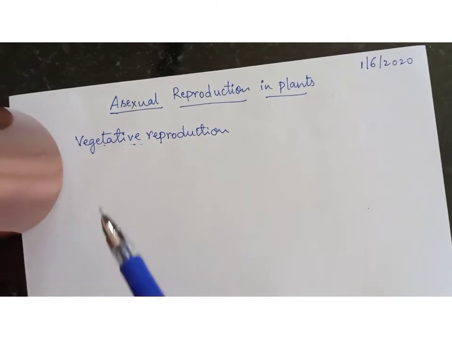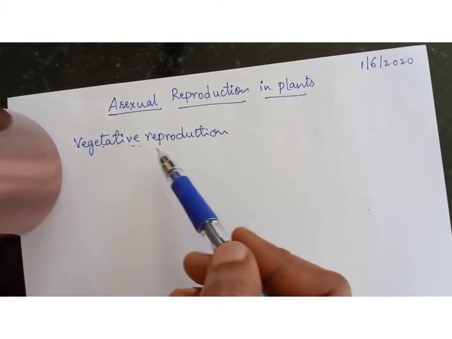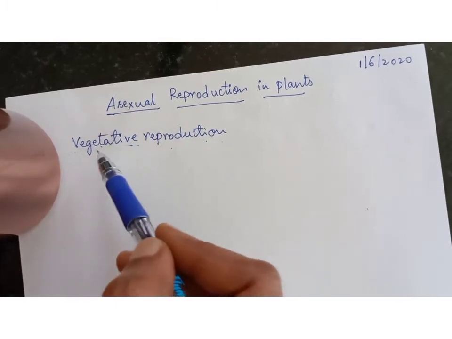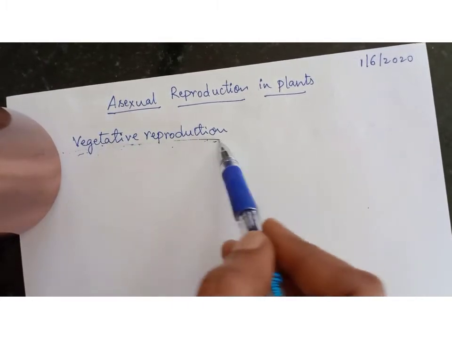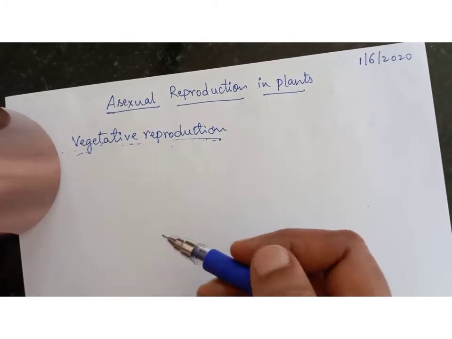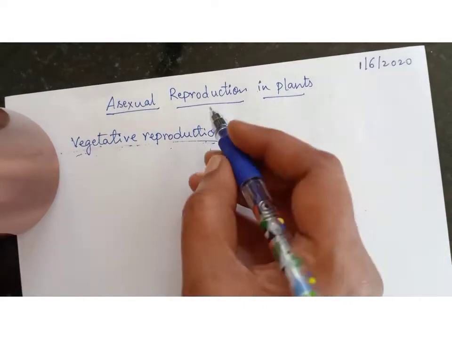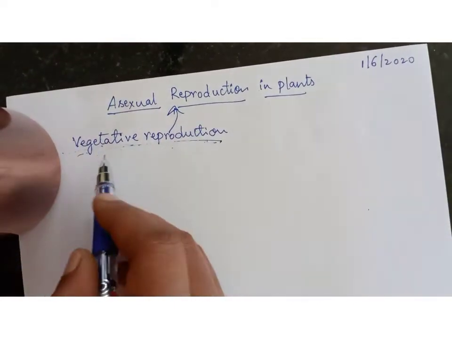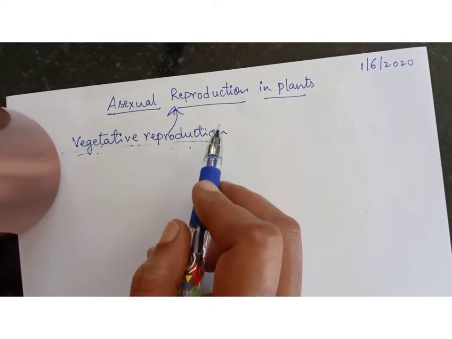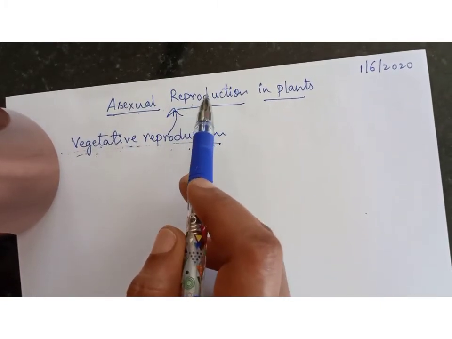The reproduction that takes place through that part of the plant body is referred to as vegetative reproduction. So in higher plants, vegetative reproduction is considered a form of asexual reproduction.